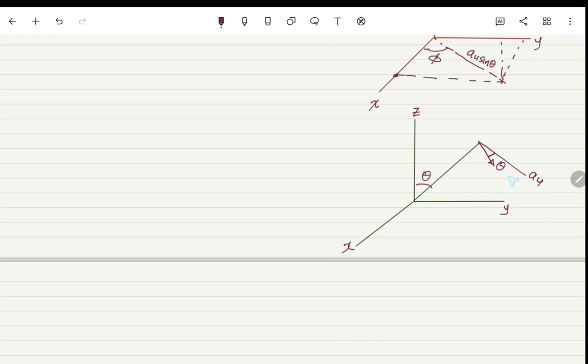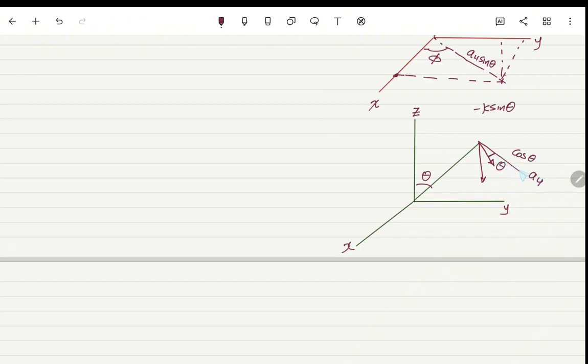Now, as we can see from this one here, if this is z hat right here, the negative z hat, so it has a component on the z axis here, which is minus k sine theta. Now, it also has a component on the a4 direction, this one here, which is cosine theta.